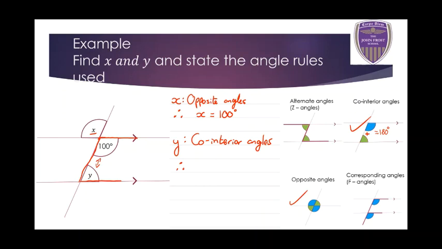So therefore, that means that y plus 100 degrees equals 180 degrees. So that means that y is equal to 180 minus 100 degrees. 180 take away 100 is 80 degrees. So therefore y is 80 degrees.